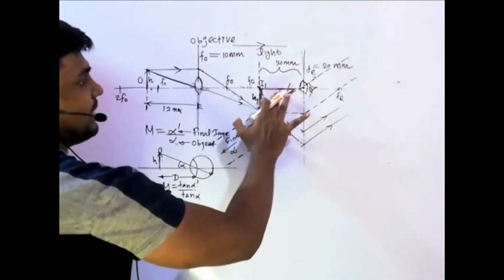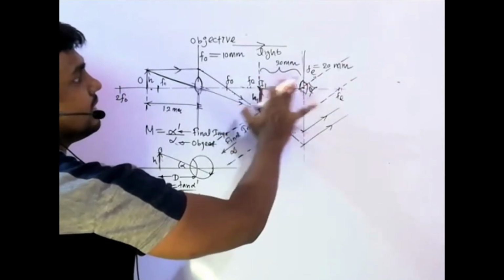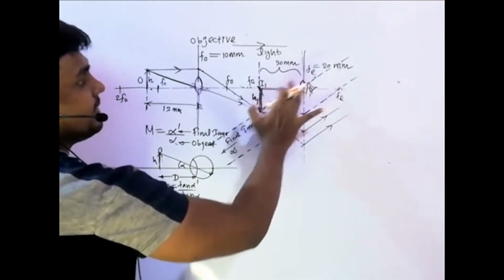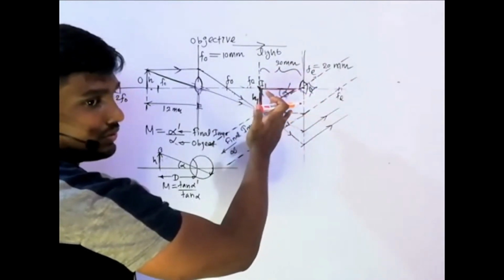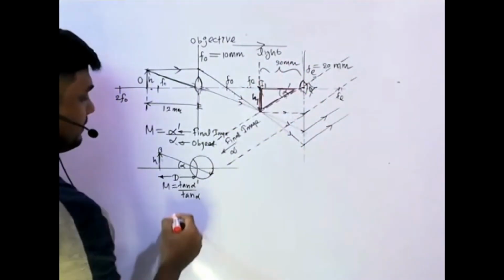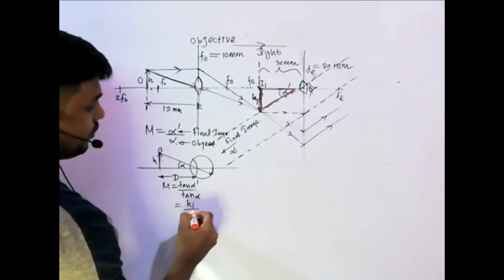Tan alpha dash means H1 over FE, so we know this distance is FE. So tan alpha dash is equal to H1 over FE.